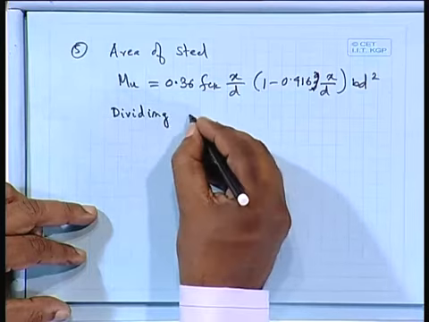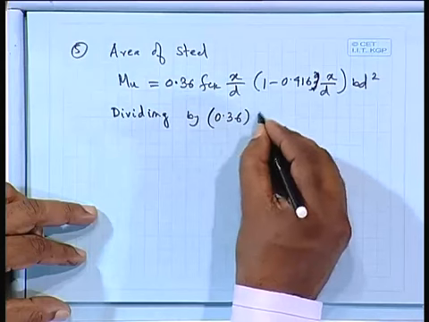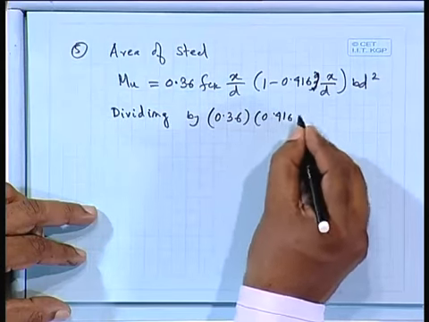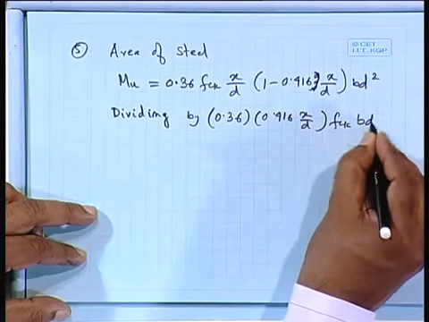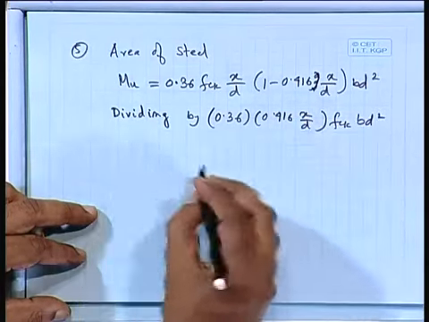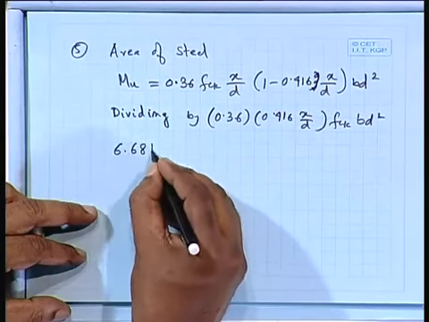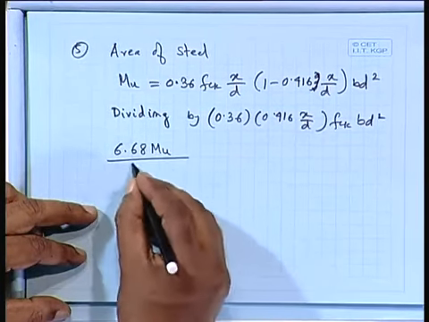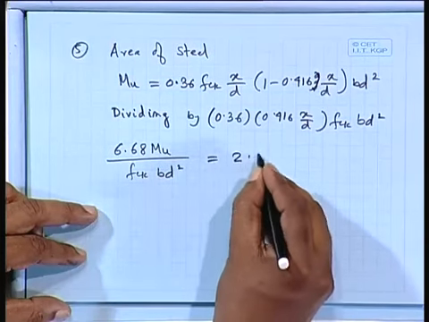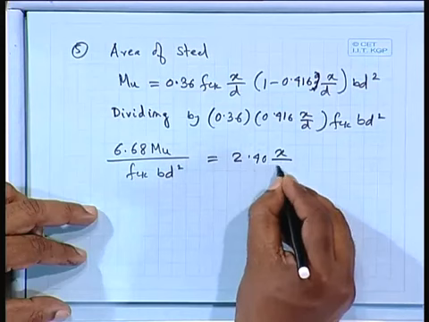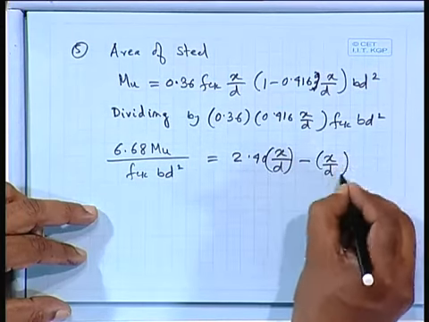Dividing by 0.36 times 0.416 x by D FCK B D square, we get 6.68 mu by FCK B D square equal to 2.40 x by D minus x by D whole square.